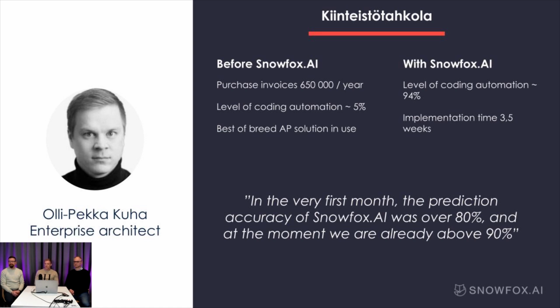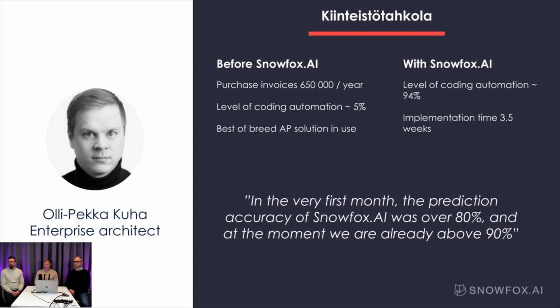And another one, Kiinteistö Tahkola, a real estate company, also receiving a huge amount of invoices, 650,000 per year. Before us, their coding automation level was 5%. 95% of all those invoices were coded manually.